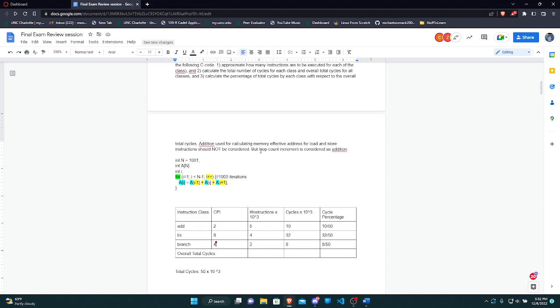Yeah, I got a question. Why is n-1 in the for loop condition, why does that not count as an add instruction? That is a good question. If you use addi with a negative number, it would count just like an add.